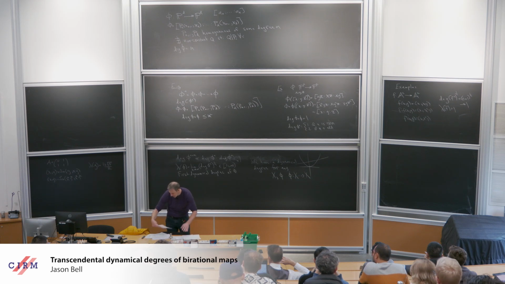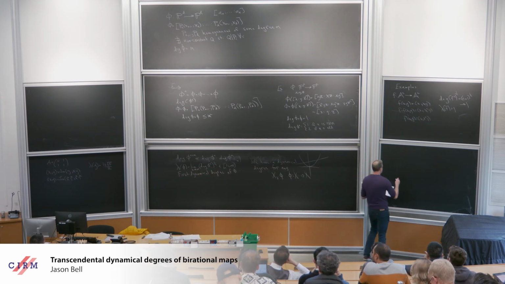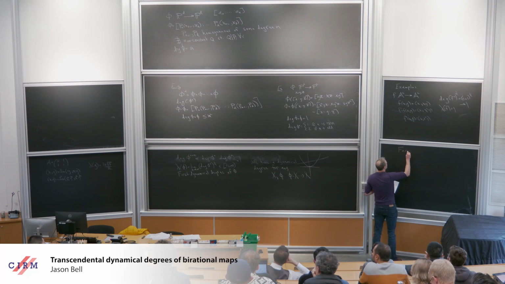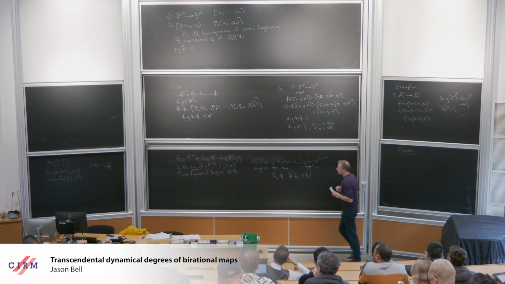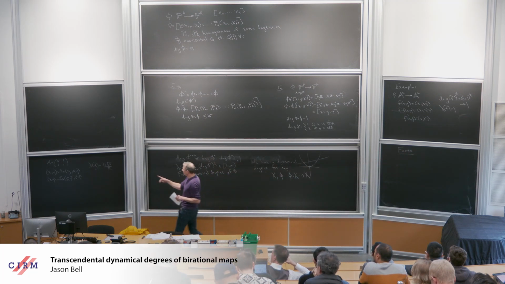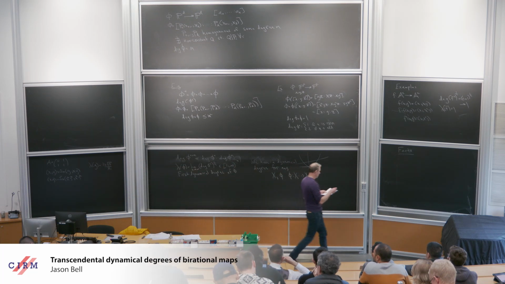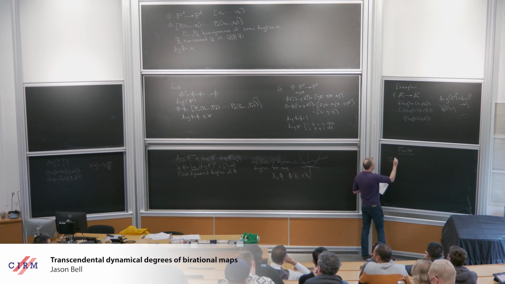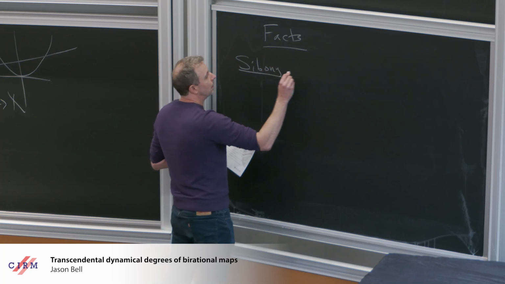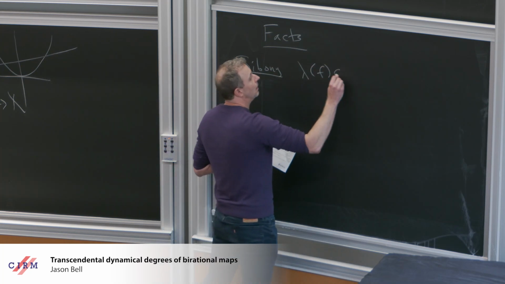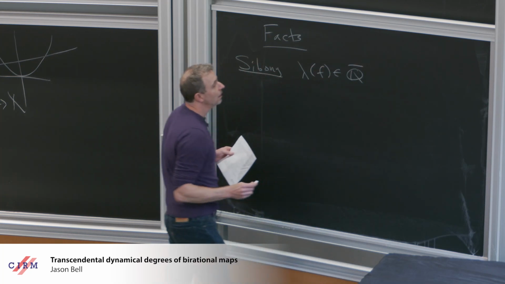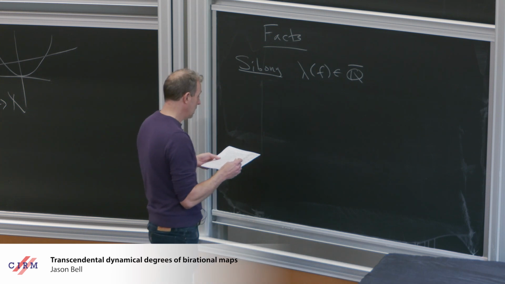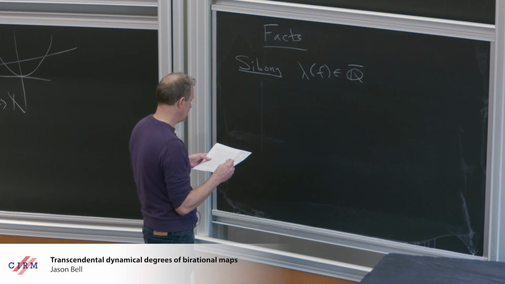And let me just state some facts. Well, you'll see this is an example of where you get an algebraic integer. So in general, lambda f is a real algebraic integer, actually.